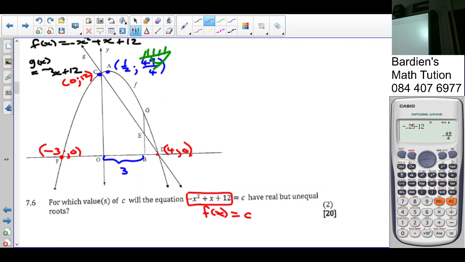So, the question says has real but unequal roots. Currently, from this graph given, what can we say about these roots? What are roots firstly? Roots are your x-intercepts, not so?